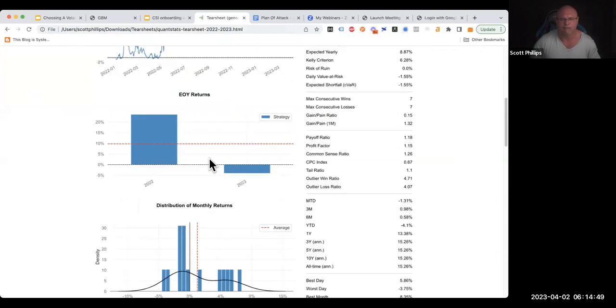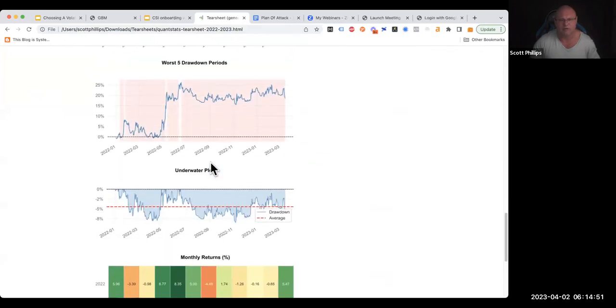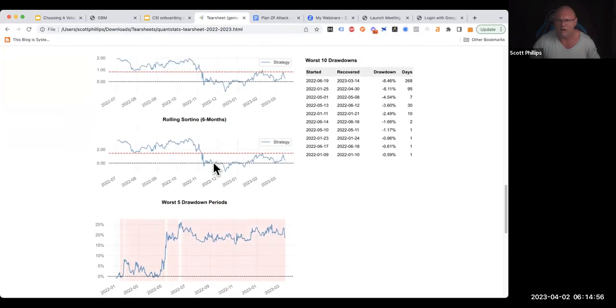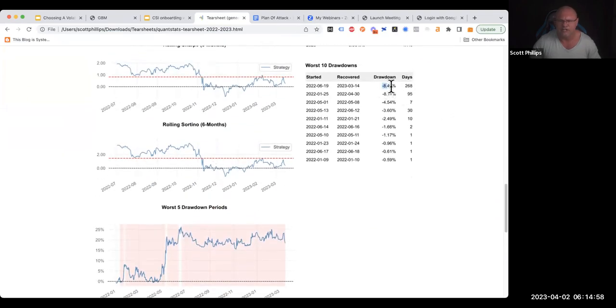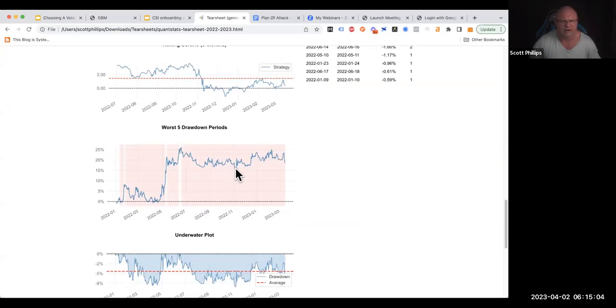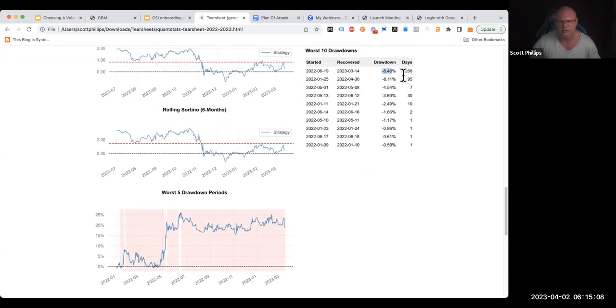Here we go. Max drawdown. 8.46% was the worst drawdown, and that was from there down to there, I think. Long drawdown, 268.